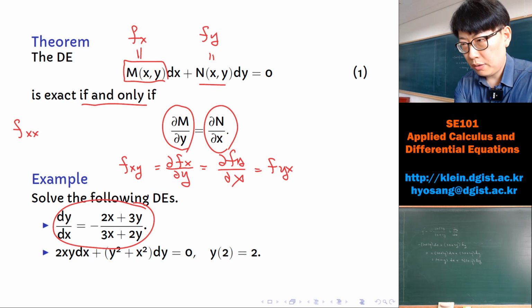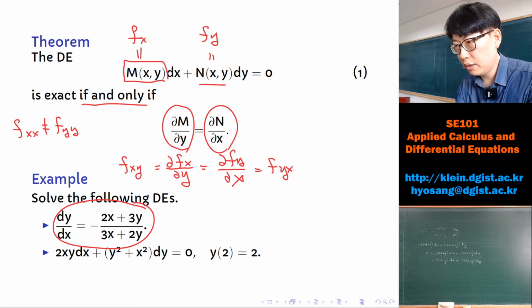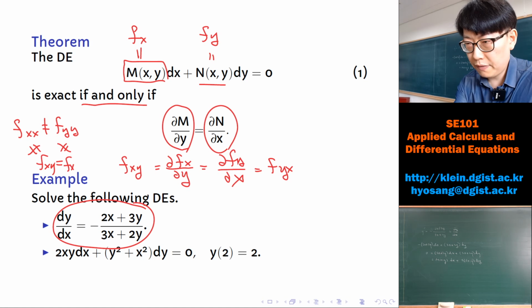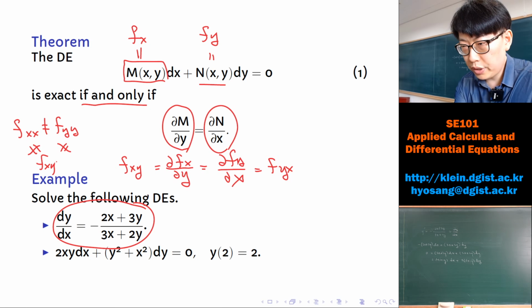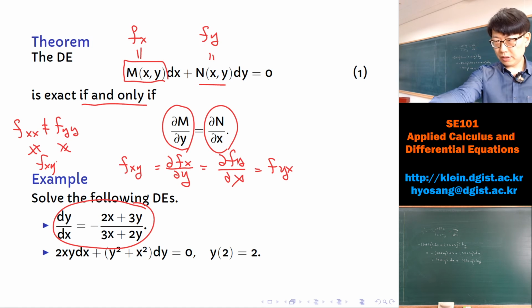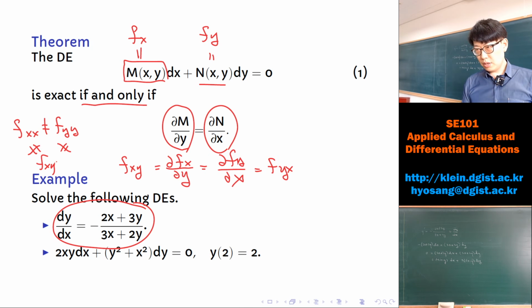In general, you can have the second-order partial derivative f_xx, taking the partial derivative of x twice, and also f_yy by taking the partial derivative of y twice, but these are not equal, and they are also not equal to f_xy. However, you can change the order of the partial derivatives in f_xy. So this equation is basically telling you that any such function will have the same partial derivative when the order of differentiation is changed.